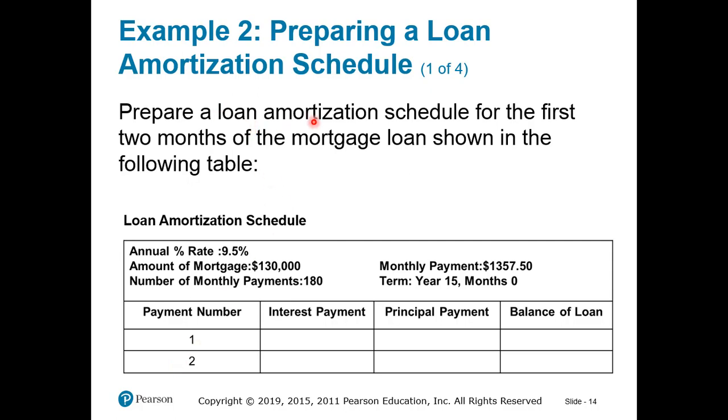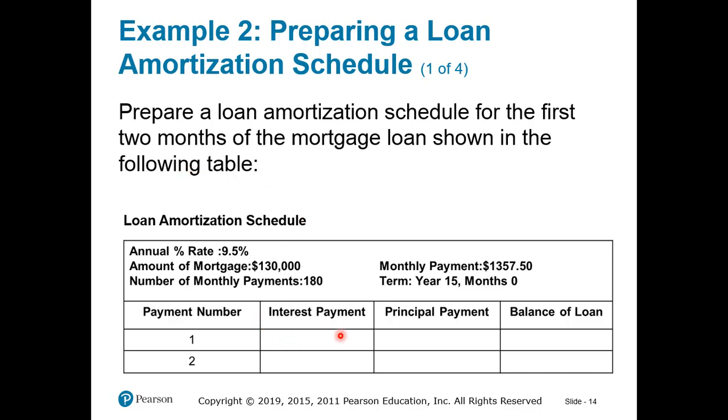So it says prepare a loan amortization schedule for the first 2 months of a mortgage loan shown in the following table. Now, the one thing you're going to notice is that the calculation for each month is just a simple interest calculation. Okay?